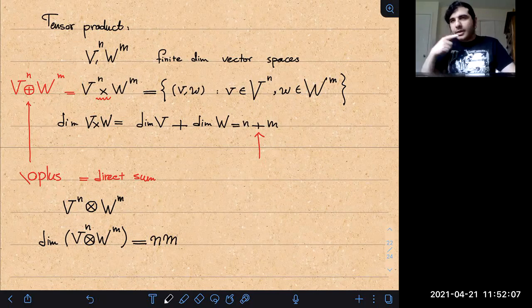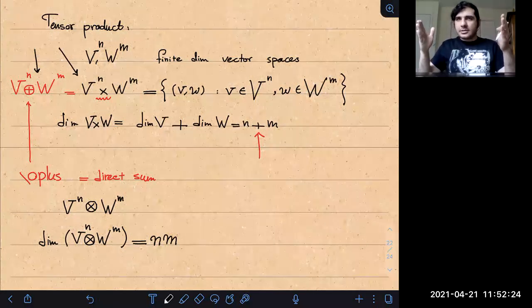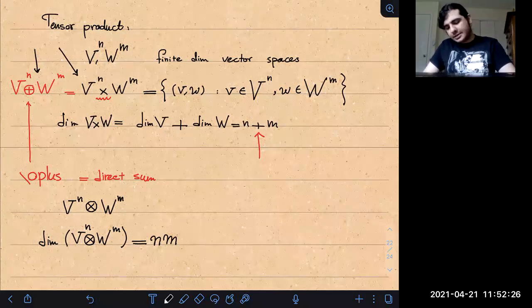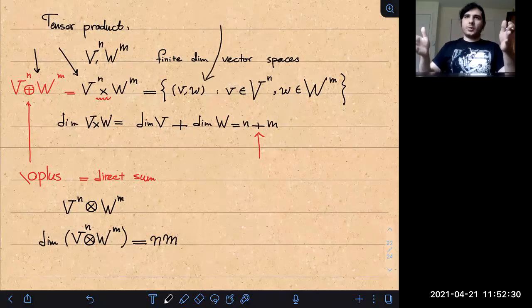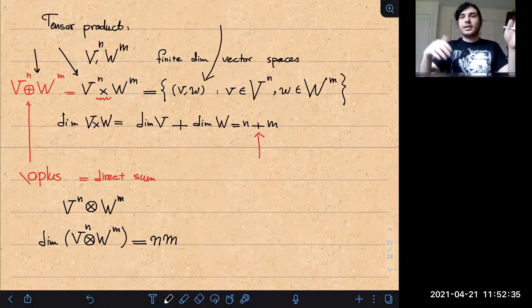So how can we think about this space? First, usually we tend to think about these spaces formally. For example, when we talked about the direct sum, which is the same as product of two vector spaces, we said this is just pairs of vectors, where the first component comes from the first vector space and the second one comes from the second vector space, right?